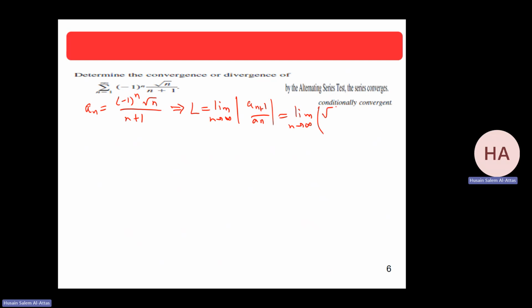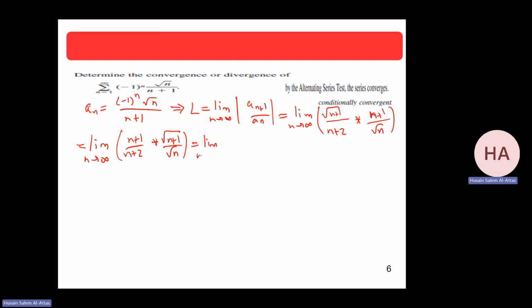So I have the square root of n plus 1 over n plus 2 times the reciprocal of this, n plus 1 over square root of n. I need to find this limit. If we think about this limit, n plus 1 over n plus 2 goes to 1, times square root of n plus 1 over square root of n, which is also 1.